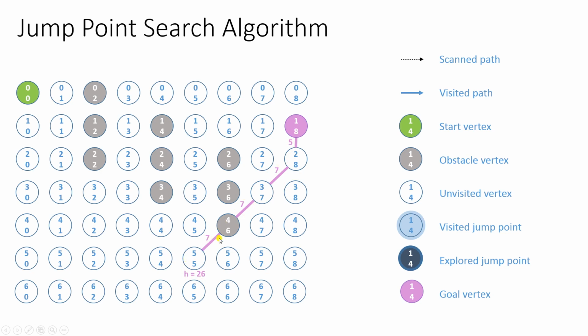Notice that the estimation can go over the obstacle vertices. It's only an estimation. And the second part of the entire cost of a vertex is the actual distance to the start vertex. This is something the algorithm calculates as it runs, so just bear in mind that there are two components of the total cost of a vertex.